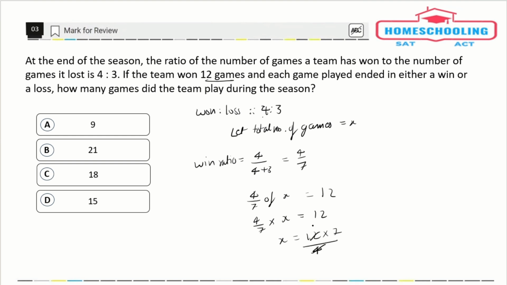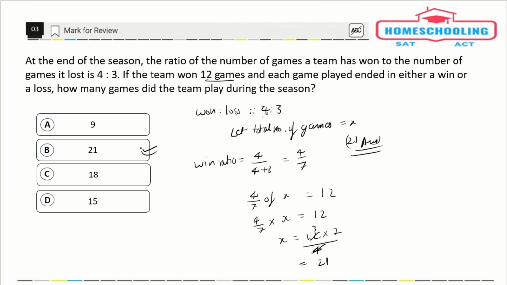This one would be 3 times 7, 21. So the total number of games is 21. This is going to be the answer, so option B is your correct answer.